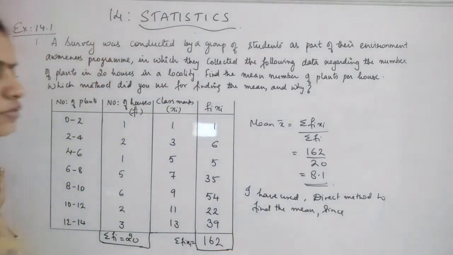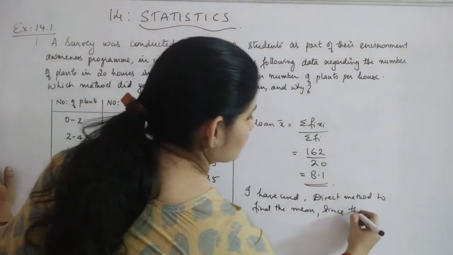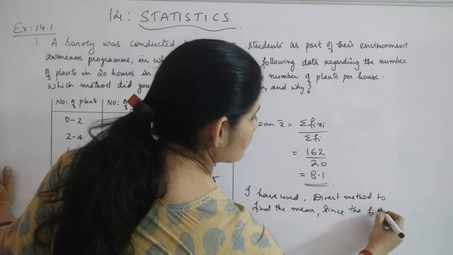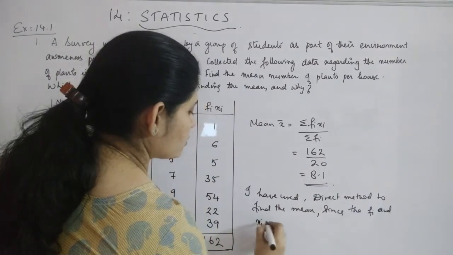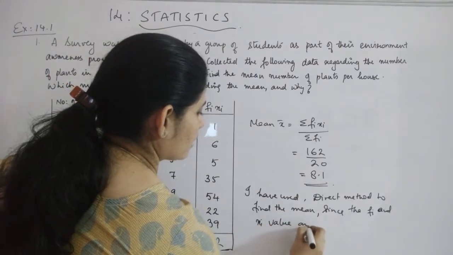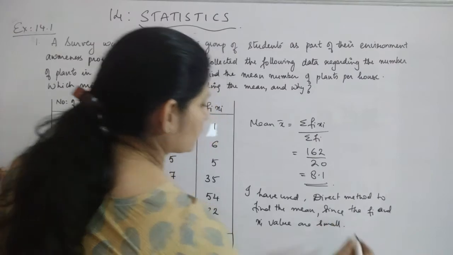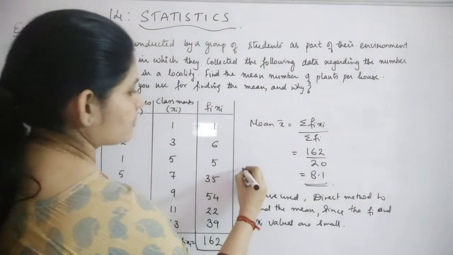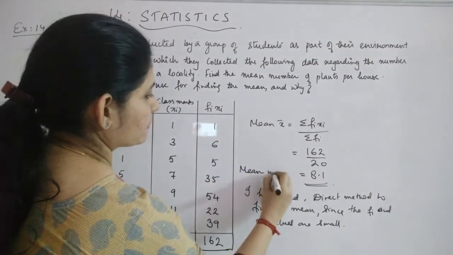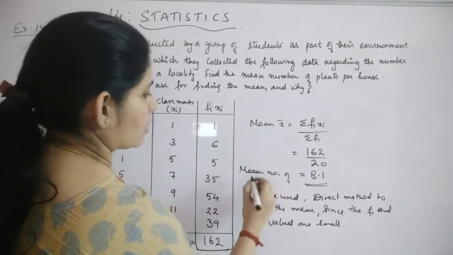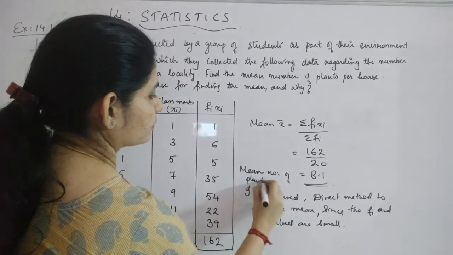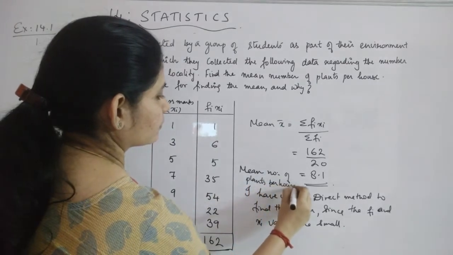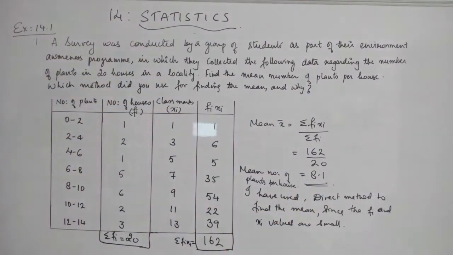For the reason, you have to write, since the Fi and Xi values are small. So when these values are small, you can use the direct method. So you can write: mean number of plants per house is 8.1.